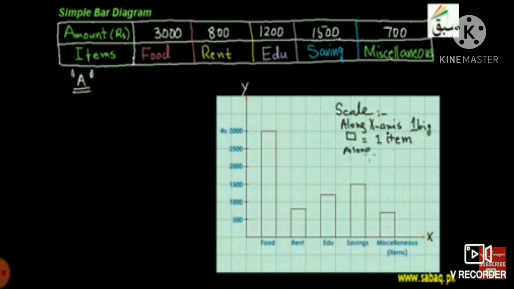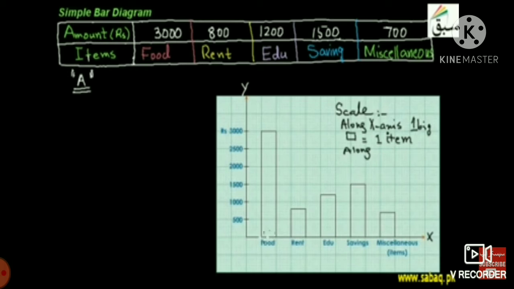One unit of distance is taken for one item along the x-axis. Along the y-axis, one unit of the distance is 500 rupees.